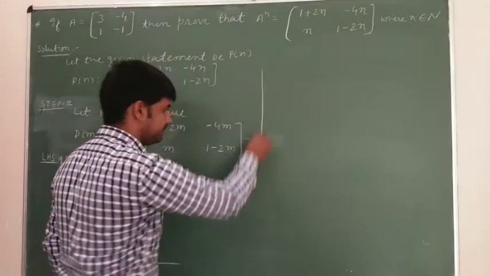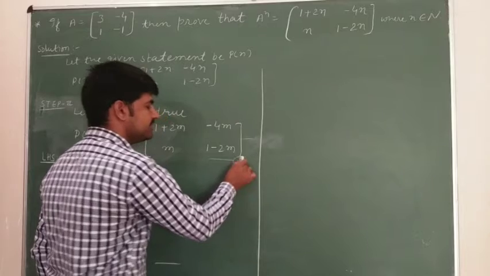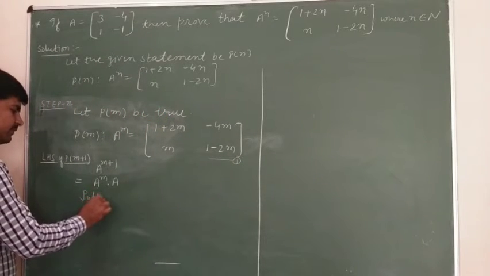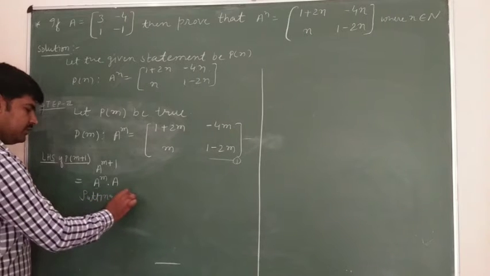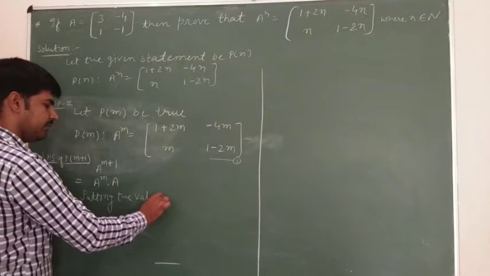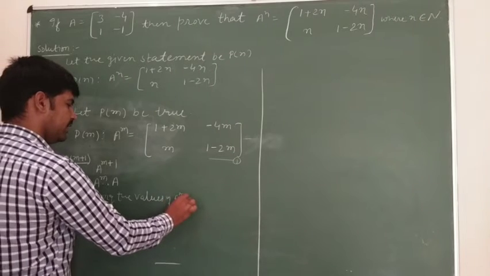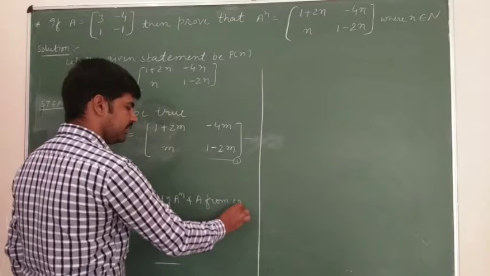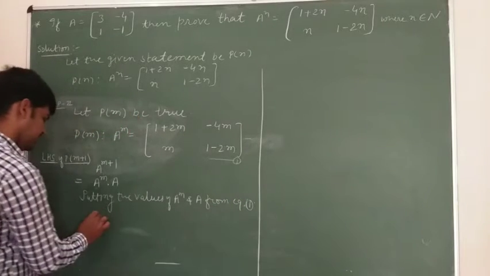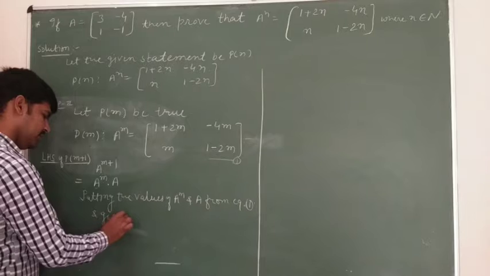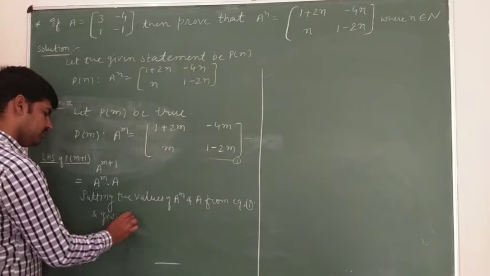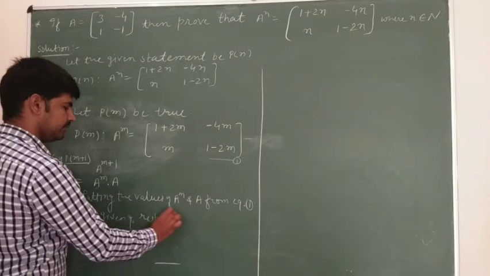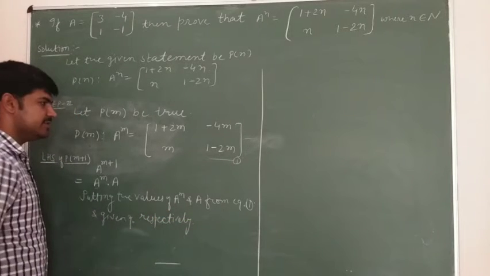So I can write, putting the values of A raised to the power m and A from equation number first and the given question respectively.